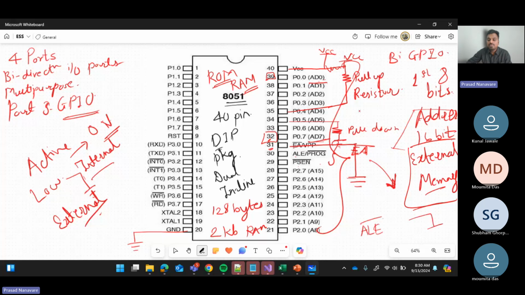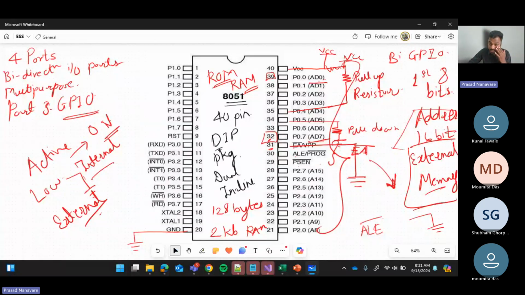Active low means it activates at 0 volt, right? Similarly PSEN is active low, PROG is active low. So enable latch. What does latch mean? Latch is sort of a memory, external memory.